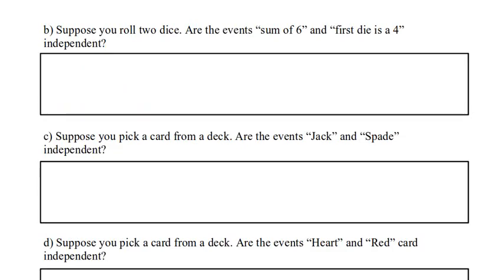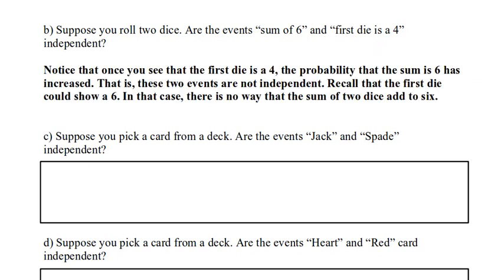Suppose you roll 2 die. Are the events sum of 6 and the first die of 4 independent? I'm not going to do this entirely arithmetically the way I did the others. I'm going to instead do this in words. Notice that once you see that the first die is a 4, so you've rolled the first die and it's got a 4, the probability that the sum is 6 has increased. That is, these two events are not independent.